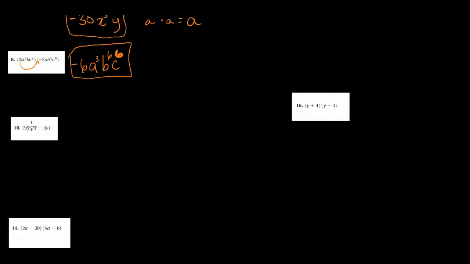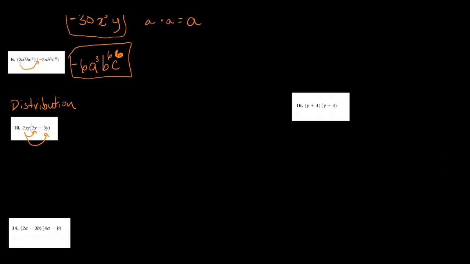Let's take a look at what it means to multiply a monomial by a binomial. And here we're going to use distribution. We're going to distribute the factors. This 2xy is going to be multiplied first by the 2x, and then we're going to multiply it by the negative 3y.